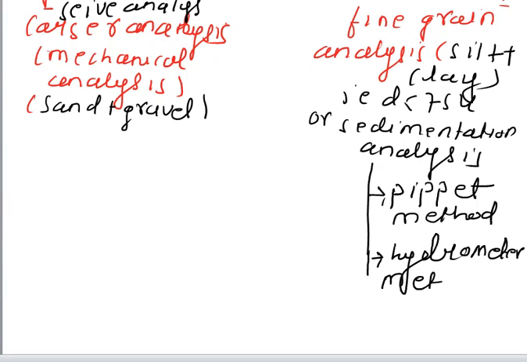These are important, because there are a lot of objective questions hiding in these topics. Hence, this first chapter of soil mechanics is a lengthy theoretical one.